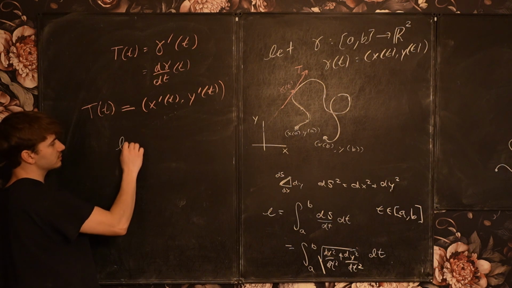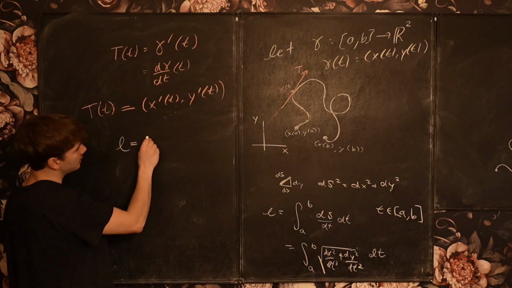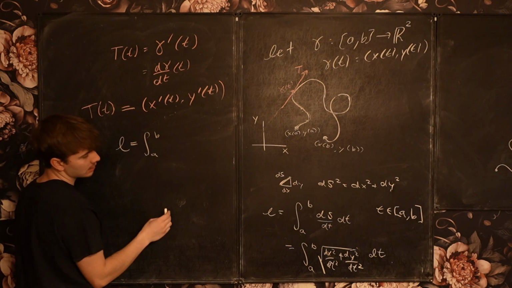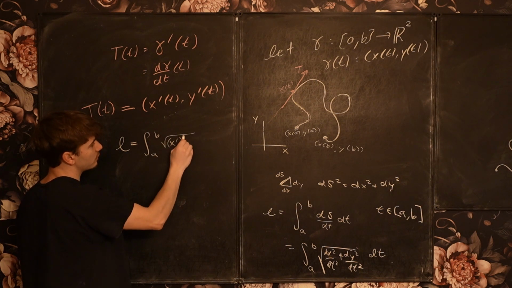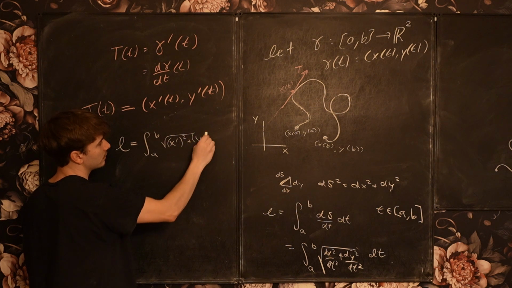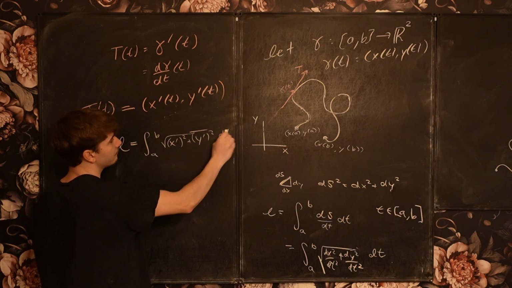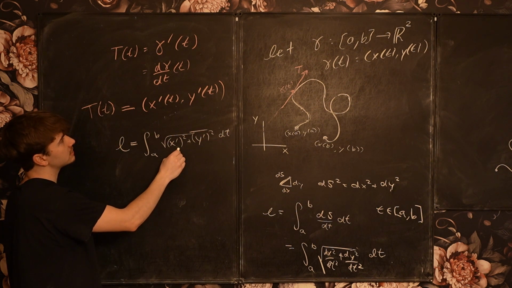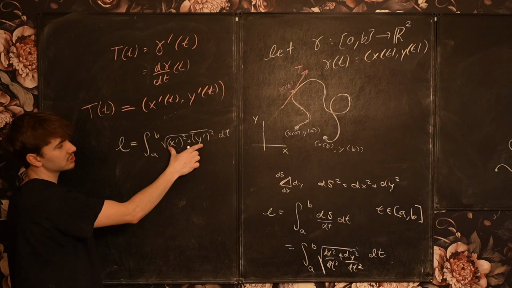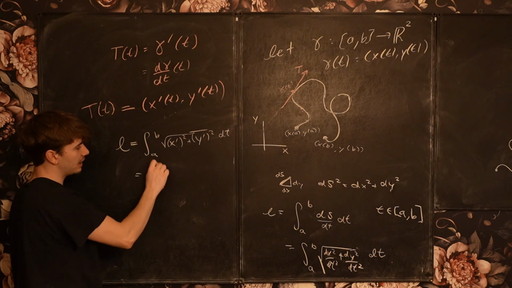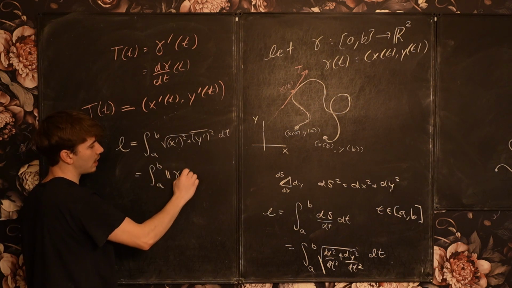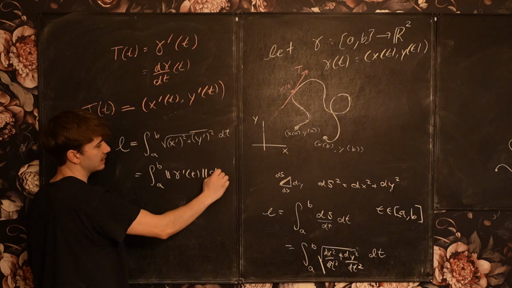So let me just write this out here. So we have L is equal to the integral from a to b of the square root of x prime squared plus y prime squared dt. And notice that since this is just the norm of the vector x prime, y prime, this is just the integral from a to b of the norm of gamma prime of t dt.